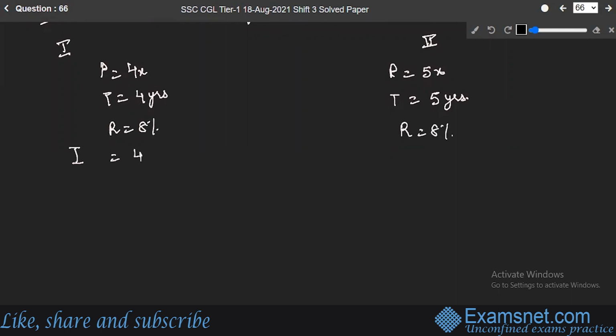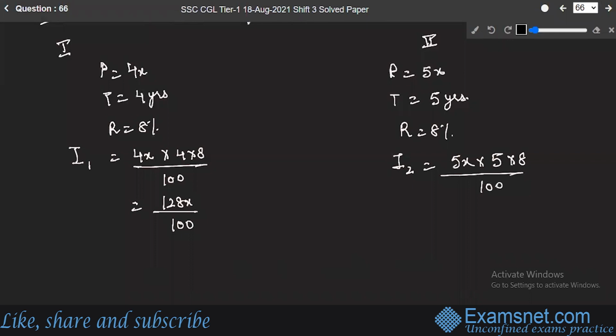Interest PRT upon 100, which is equal to 128x upon 100. So in this case, this is first interest and this is second interest, that is 5x into 5 into 8 upon 100 is equal to 25 into 8, that's 200x upon 100.